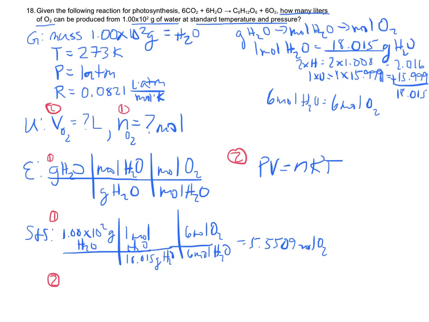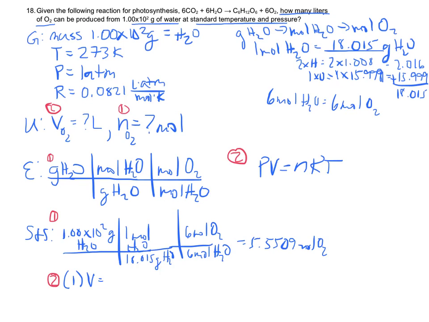All right, so we have our pressure is 1 atmosphere, and our volume is what we're looking for. Remember, we don't know what that is. Let me write this a little bit better.